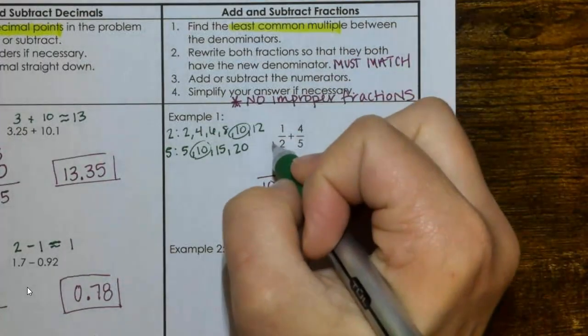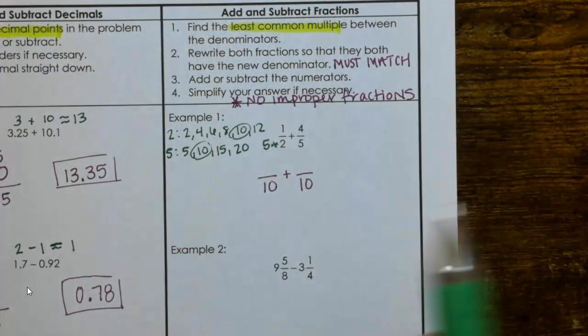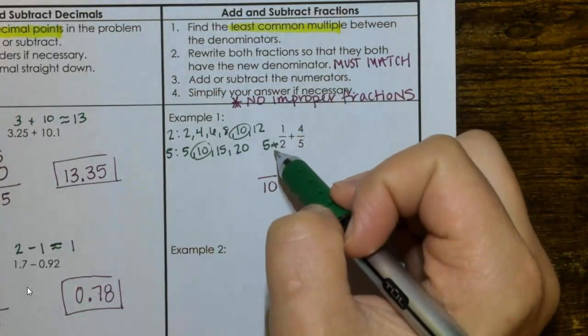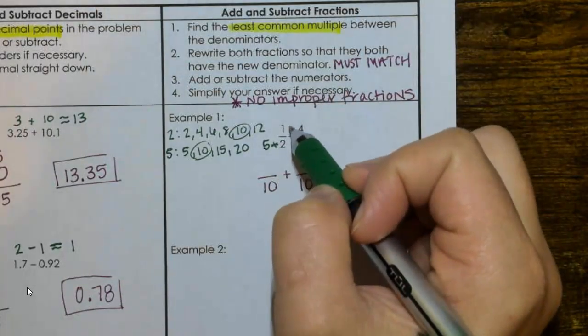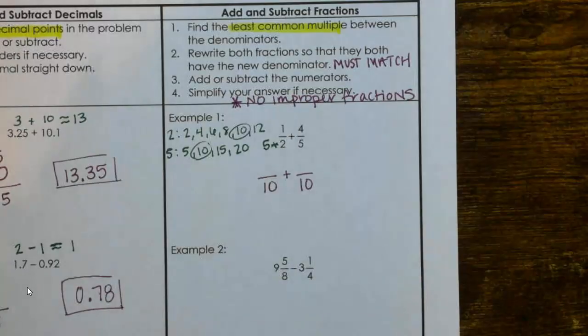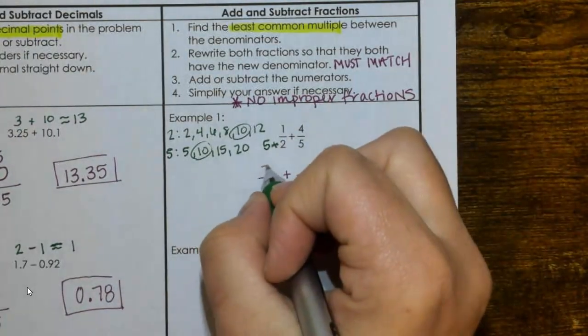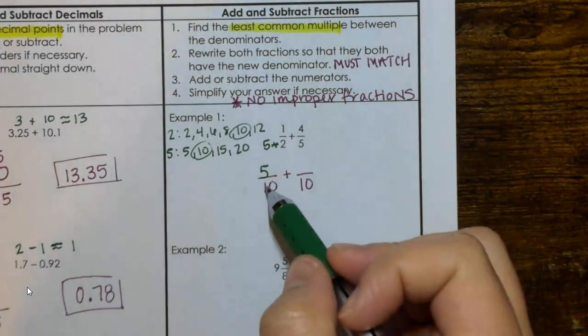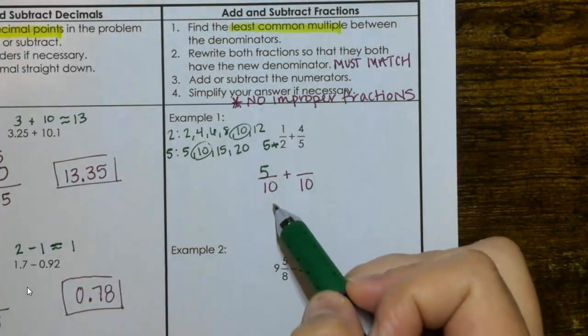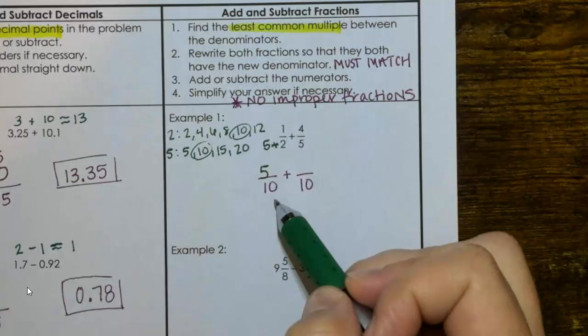I'm going to multiply by 5. And if I multiply by 5 in the denominator, I have to multiply by 5 in the numerator. So 1 times 5 is 5. So my new fraction is 5/10, 5 over 10.